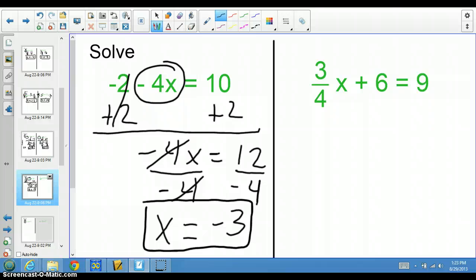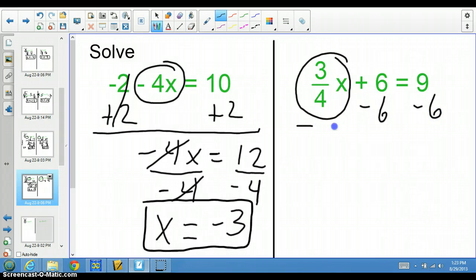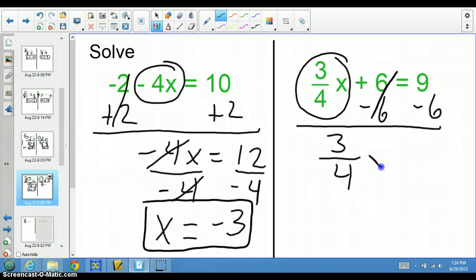Okay, this next one, 3/4 x, I want to get that all by itself. So how do I get rid of a plus 6? I subtract 6 first. So I have 3/4 x equals 9 minus 6 is 3. Now this is where we're multiplying, so we'd have to divide each side, but when we divide by a fraction, we're actually multiplying by the reciprocal.